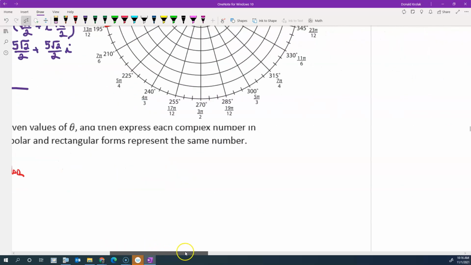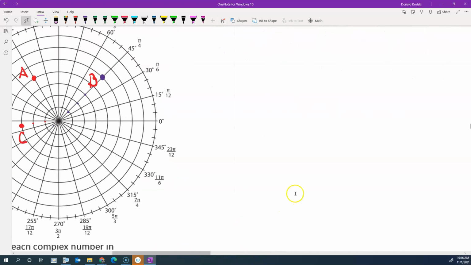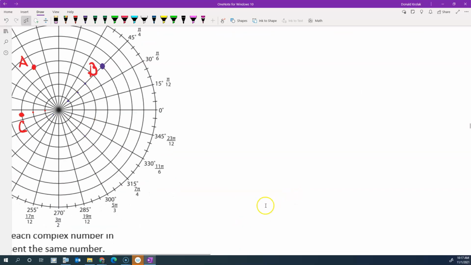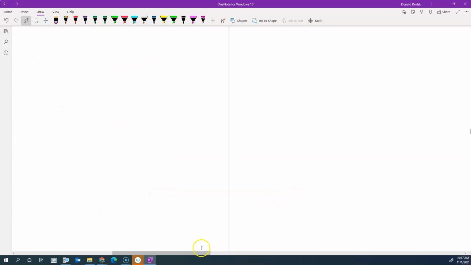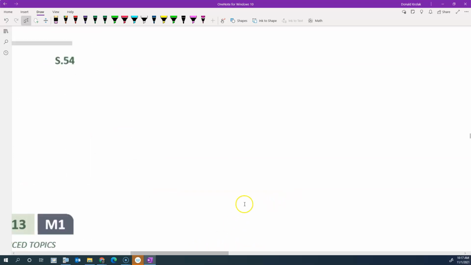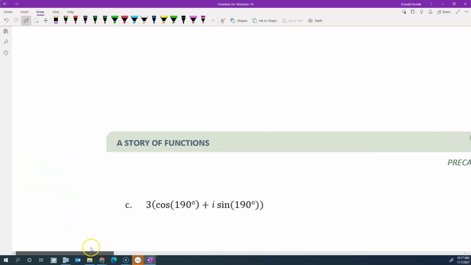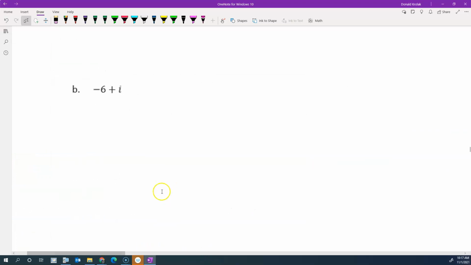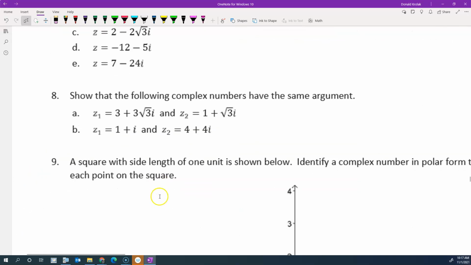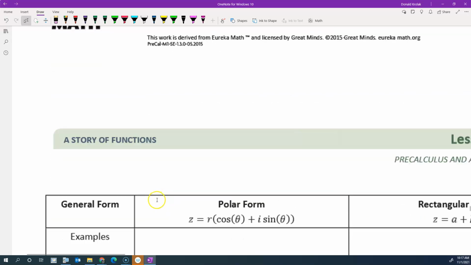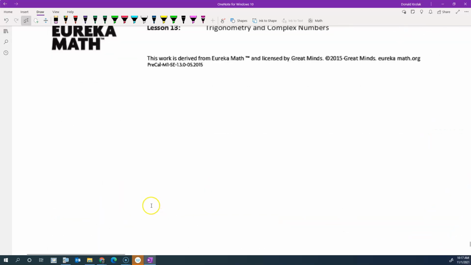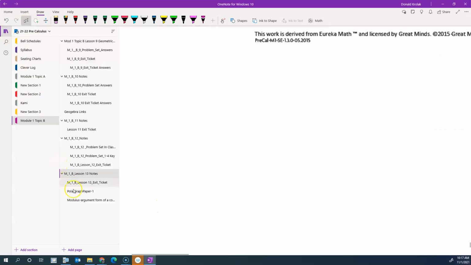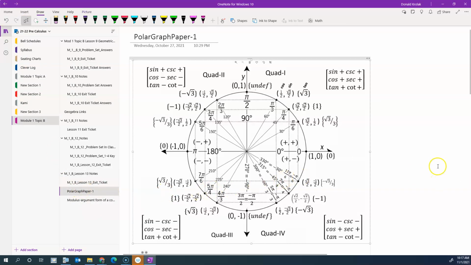So I just go to 120. Where did my unit circle go? Okay, right here. Here's 120. Negative 1/2 is my cosine.